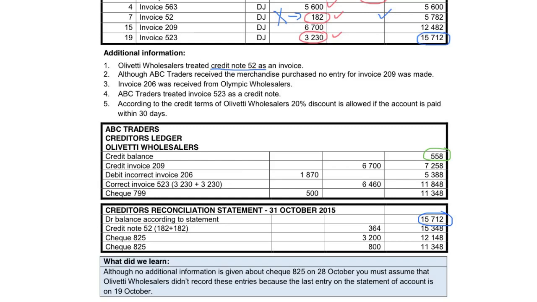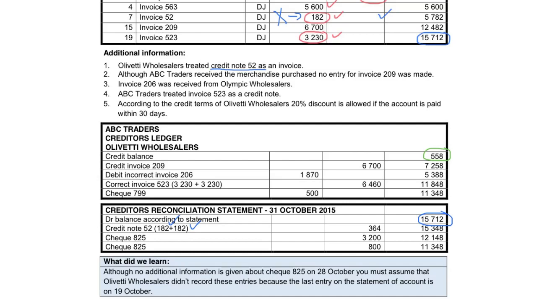First of all, to correct the mistake of 182 that was put on the debit side, and then the original entry was supposed to go on the credit side, so you have to record the 182 again on the credit side, so that you can show that this account was reduced with the 182 correction of error and with the 182 that was supposed to go on the credit side.